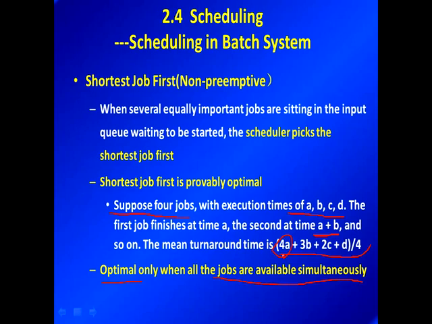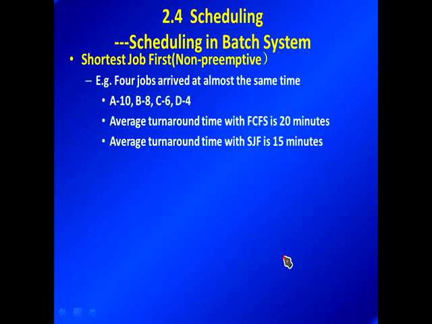So this is just some theoretical analysis. After we learn the basic idea of FCFS and SJF, we can illustrate it with an example by applying these two algorithms onto a specific scheduling problem. Here we provide 4 jobs arriving at almost the same time.